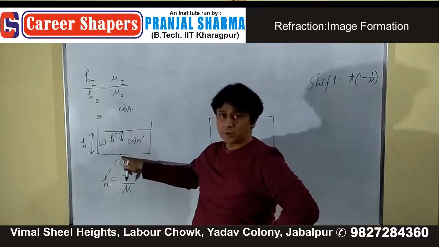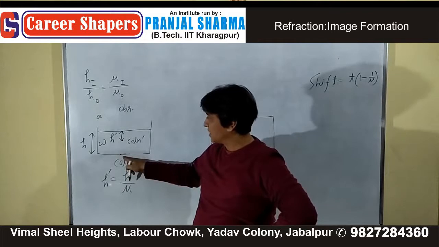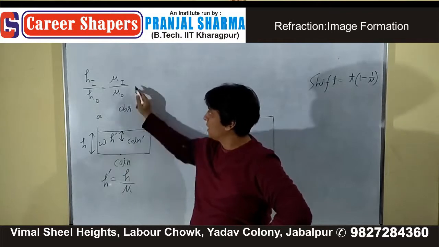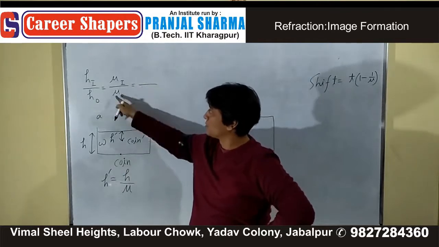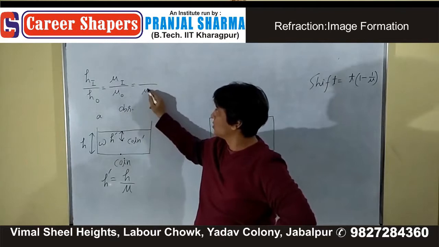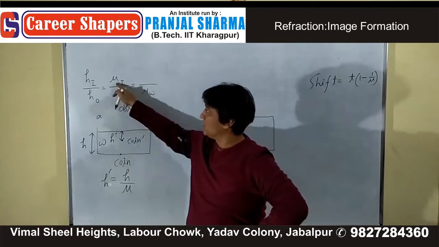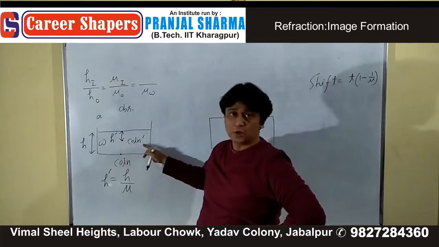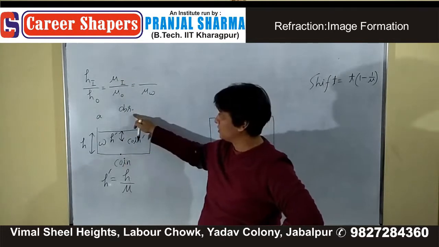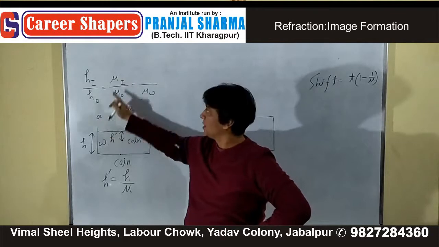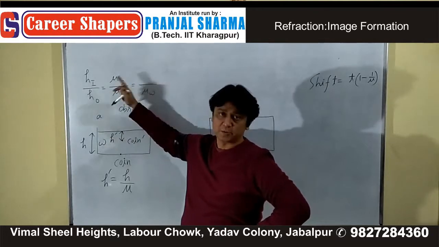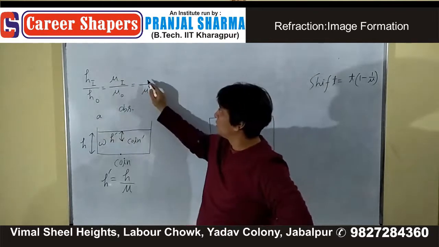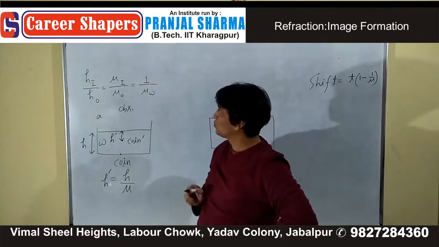Coin is object. This object is in water, and therefore mu object is what? Mu water. Image of this coin, which is coin dash, will be seen by this observer, who is in air. Image formation takes place in the medium of observer, and therefore refractive index is 1.